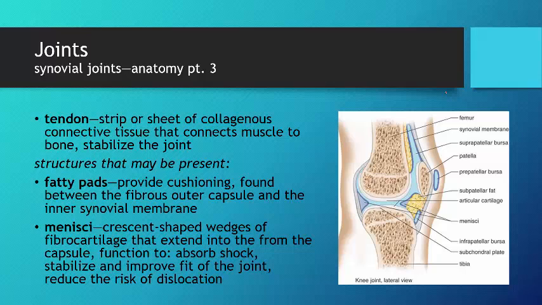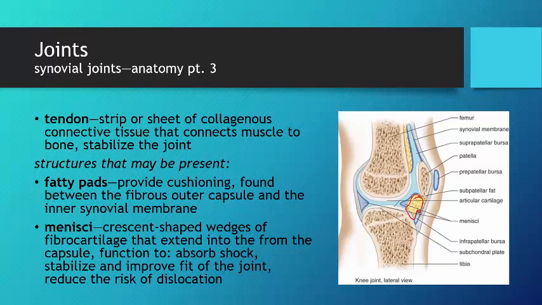And then not every joint has these structures, but many do. We may find in a joint these fatty pads that the areolar tissue builds. So here's one of the fatty pads. The role of these pads is to kind of fill space so that as the shape of the joint changes when the joint is being used, say if I were to flex my elbow, that's going to cause real changes in the shape of the cavity inside my elbow's joint cavity.